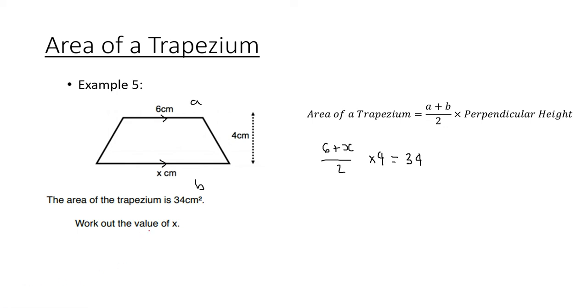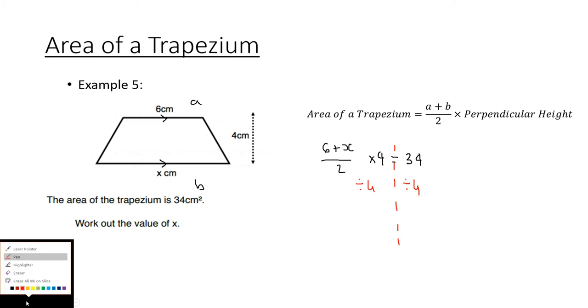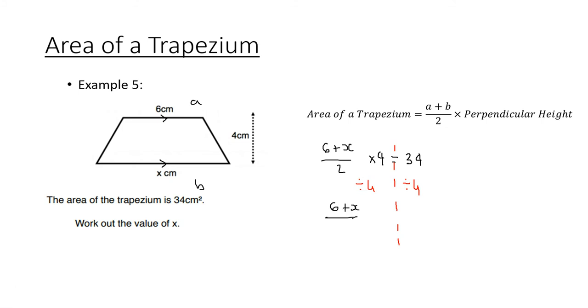So I have to divide both sides by 4. Once I divide them both by 4, I end up with 6 plus x divided by 2 is equal to 8.5.